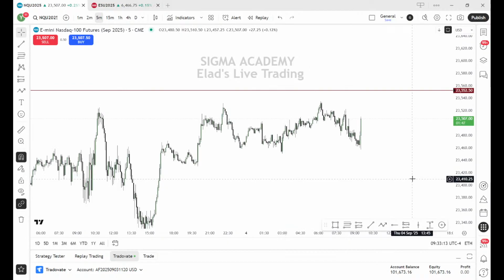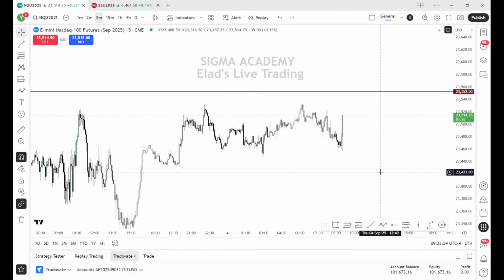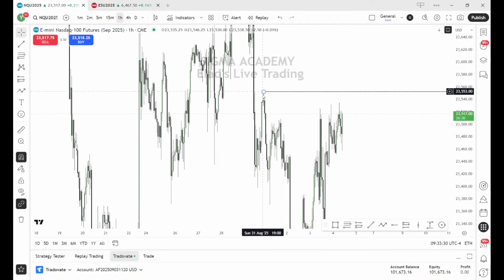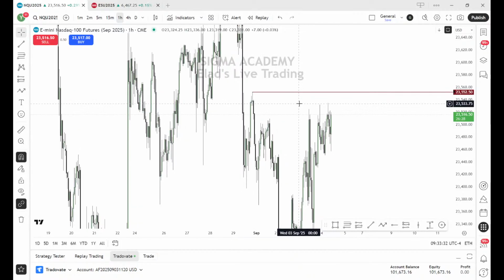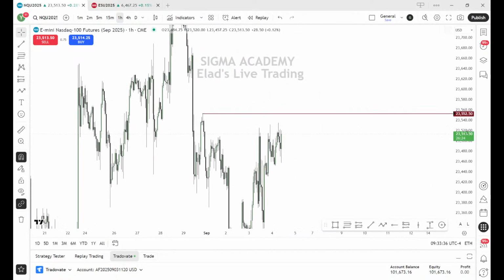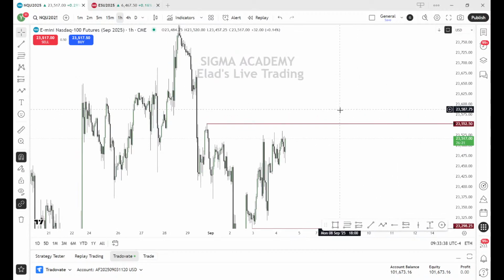If I don't see any manipulation in these 15 minutes that aligns with the high time frame idea, I won't enter any trade. The high time frame idea is right here. This liquidity will be swept. Once this high is taken out, we can see if we have any clue to go lower.